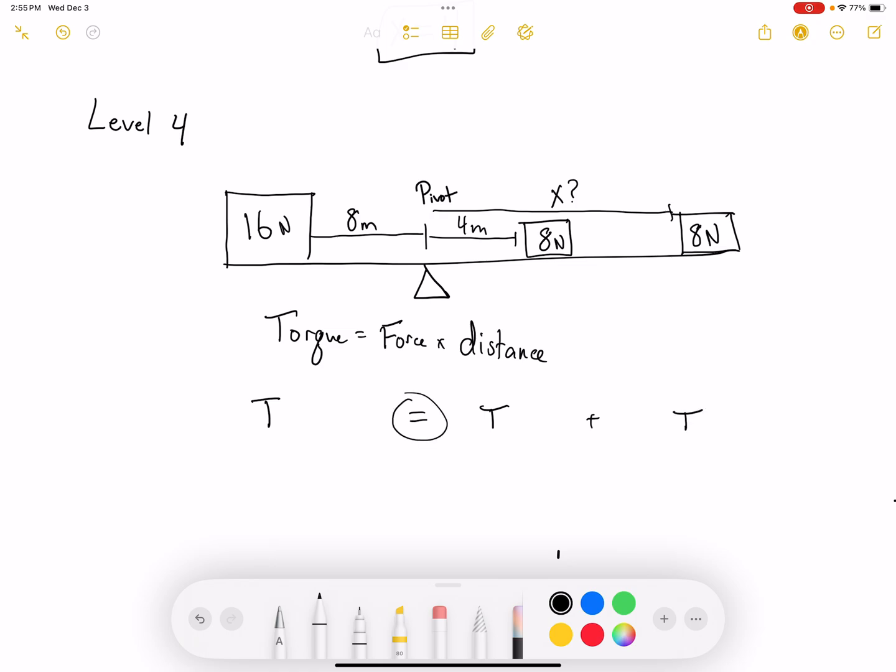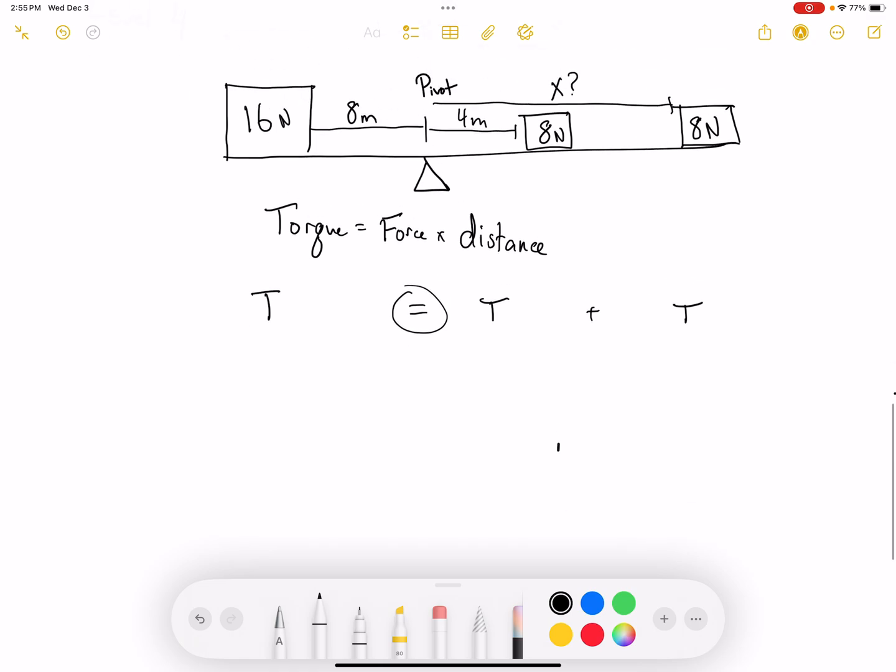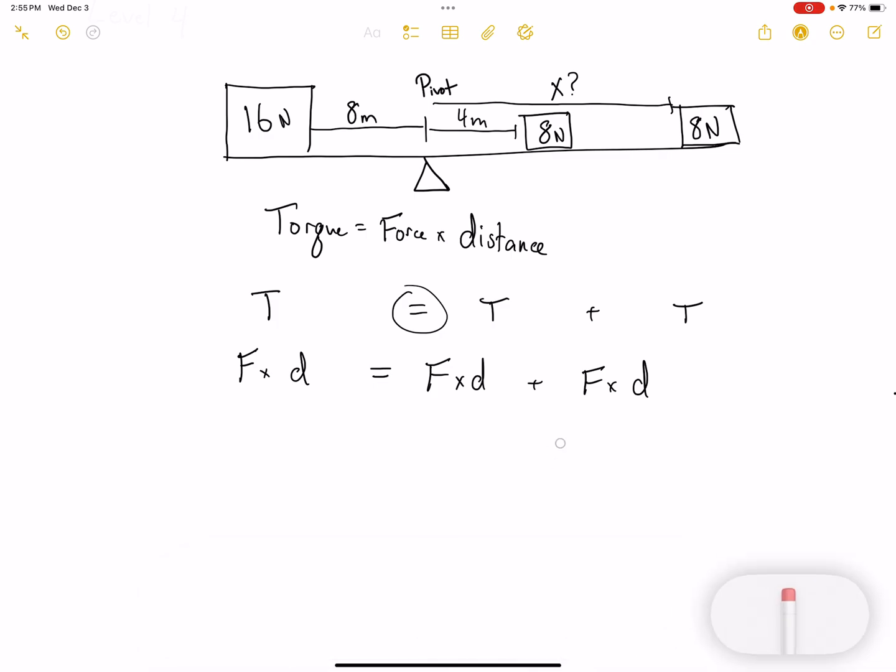That's equilibrium. So let's go ahead and start plugging some numbers in. I know that this is going to be force times distance, and I'm going to set that equal to force times distance plus force times distance. I have 3 objects. I have 3 torques. We're going to do force times distance 3 times. So it gets a little bit longer, but it's still something that we can do.